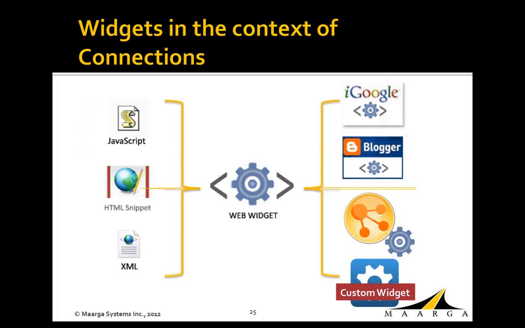In our example, we are going to take a stock widget that connects to an outside service to get some of the information and display it inside Connections. So that's how you can bring functionality into Connections, and this could be functionality not even written by you.